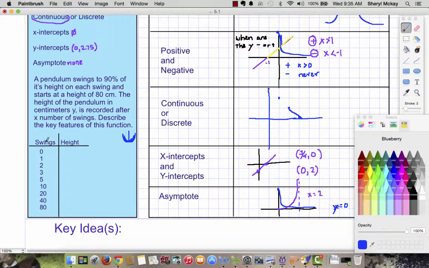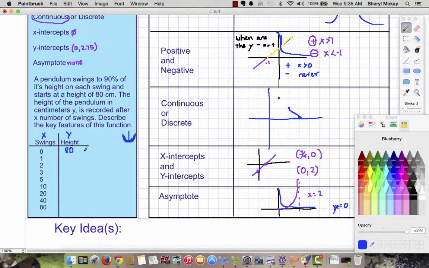All right, so let's start by first saying that x is the number of swings, and the height is our y, okay? Now this time, instead of drawing a graph, I'm just going to start with a table. At 0 swings, we know that the height is 80. At 1 swing, we know that the height is 90% of 80.